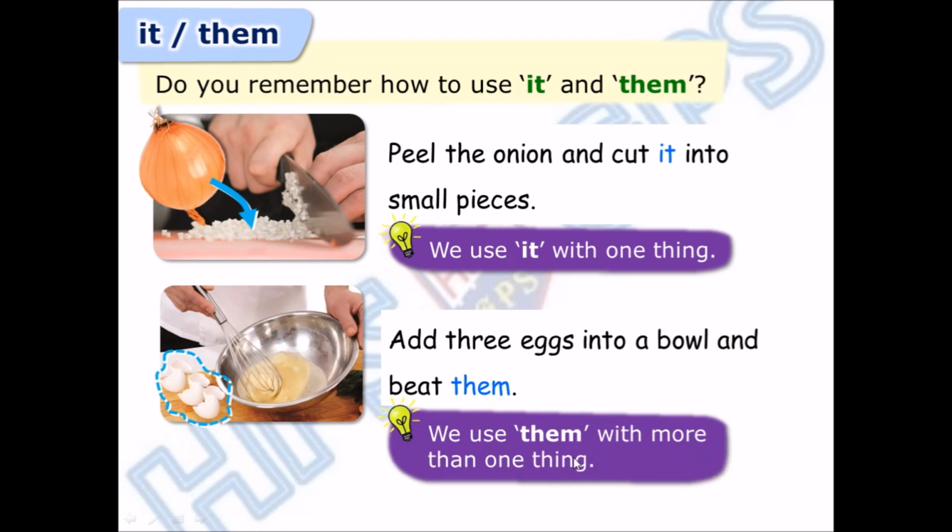We use them with more than one thing. You can tell by looking at the words. If the noun goes without s, that means there is only one thing. If the noun goes with s, that means there is more than one thing.